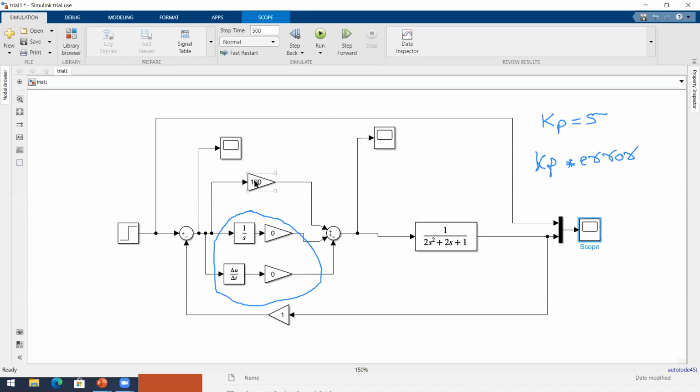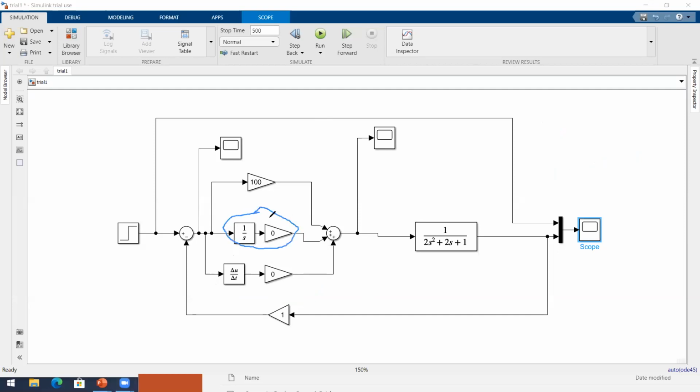Now coming to this controller here. This part of the controller is already discussed. We'll discuss this one.